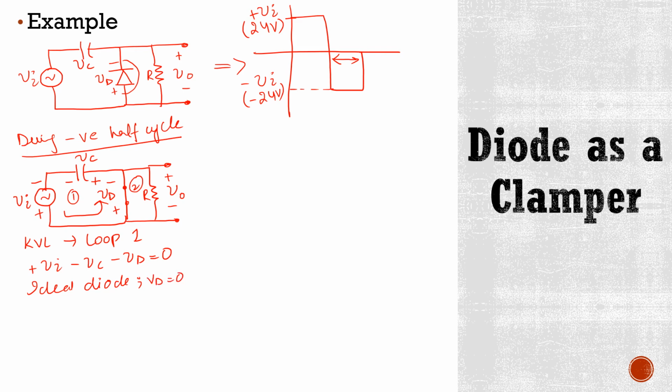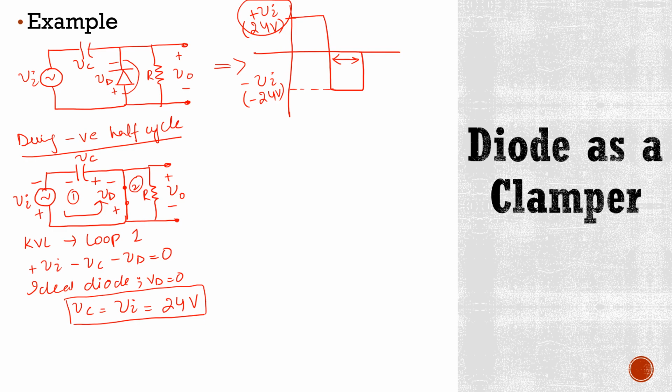It means this equation will become VC is equal to VI. We know that here VI is 24 volts. It means the capacitor voltage is 24 volts.